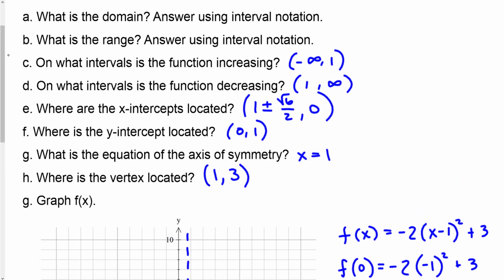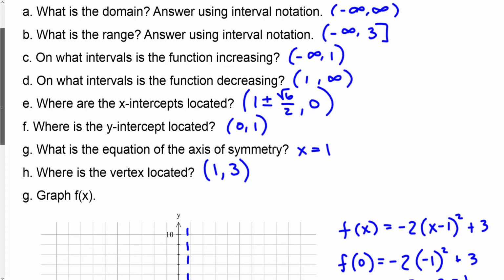The range. So the range of this graph goes from negative infinity up to the y value of my vertex. So negative infinity up to 3, and including the 3. And then the domain is negative infinity to positive infinity. So that's actually a property of all polynomial graphs. The domain is all real numbers.